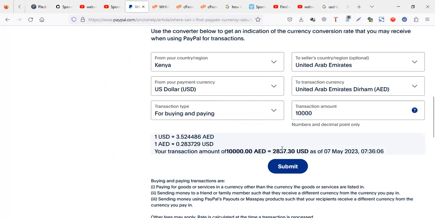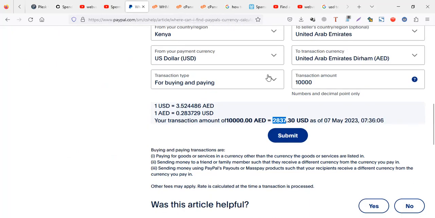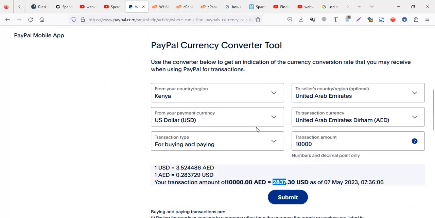So it's much more expensive. The rate at which PayPal buys the currency is a bit low, so you end up paying a bit more. To check for other currencies, you can kindly use that link I've put in the description, and you'll know how much you're going to pay.